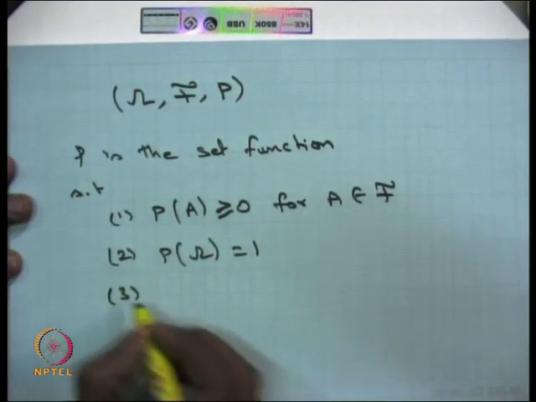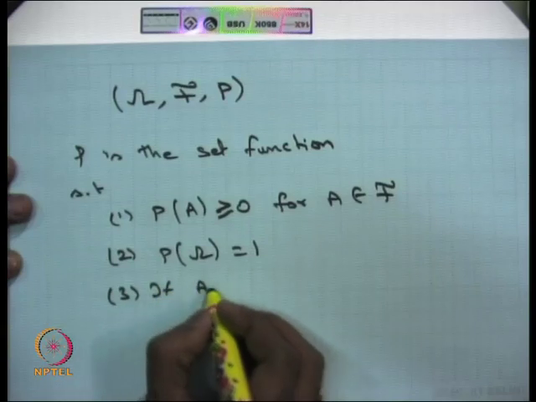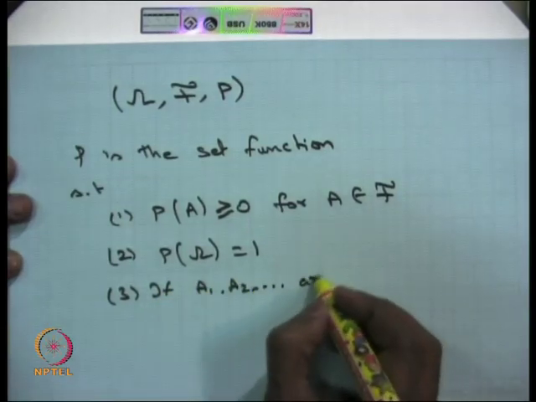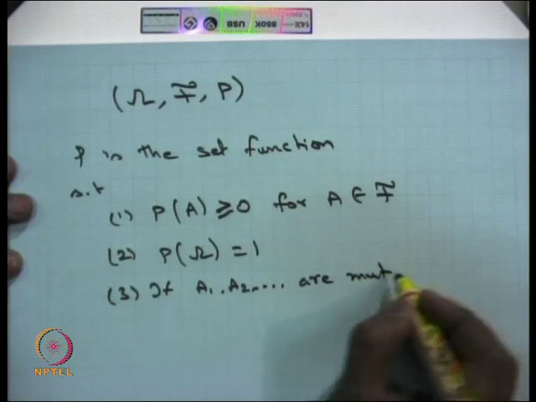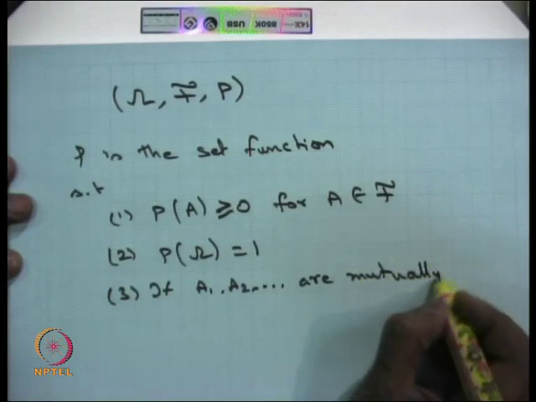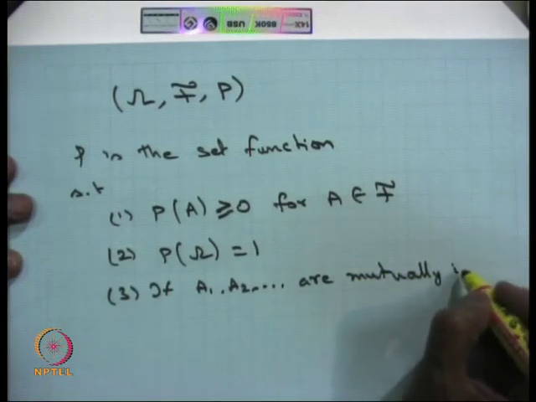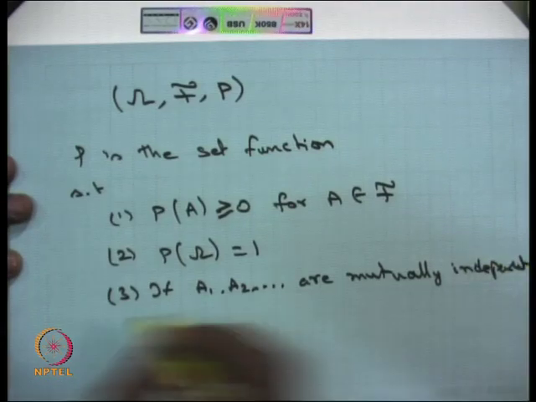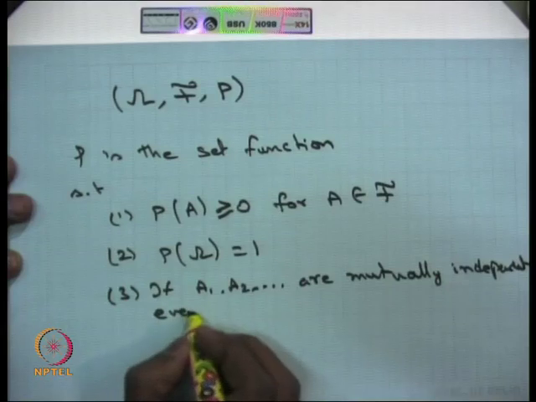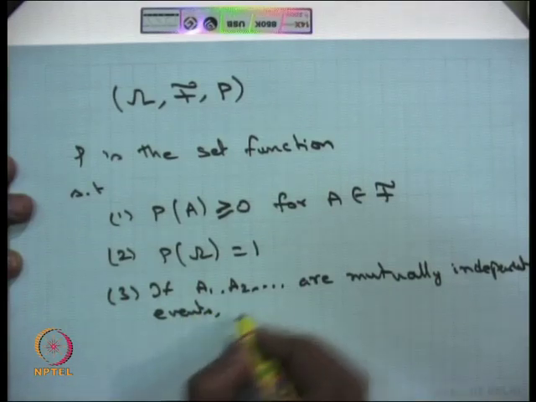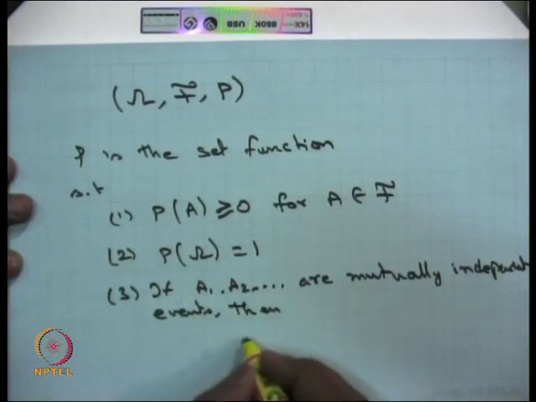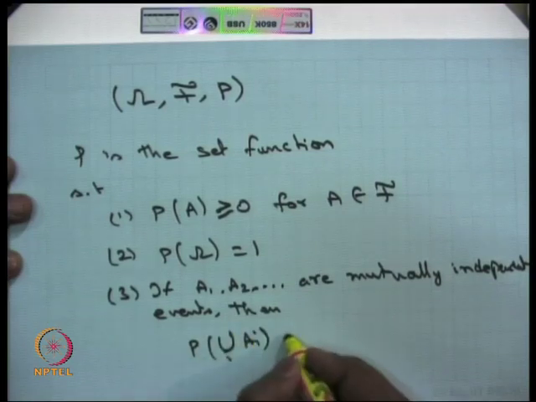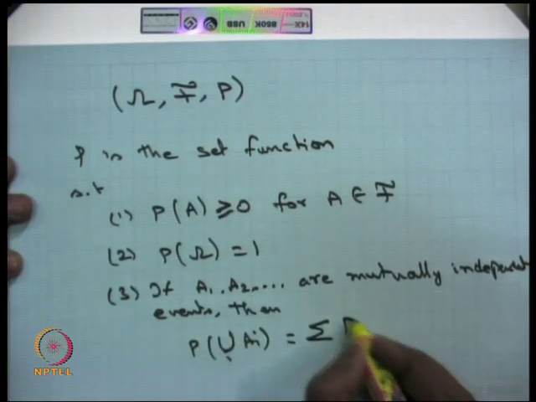The third condition: if I take a few A_i's that are mutually exclusive events, then P of the union of A_i's is the same as the summation of P of A_i's.